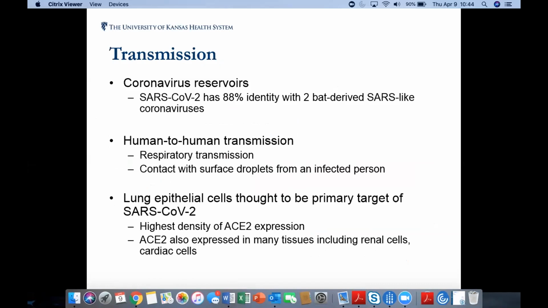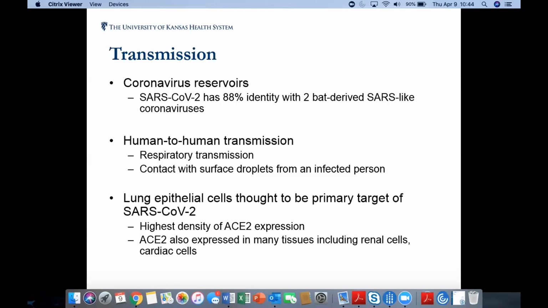An animal infected a human, and then human-to-human transmission is really what ignited the spread to a pandemic worldwide. Respiratory transmission is thought to be the primary mechanism of transmission. You come in close contact with someone who's infected, they cough, sneeze, potentially even breathe or talk on an uninfected individual, and that can infect that previously healthy individual.